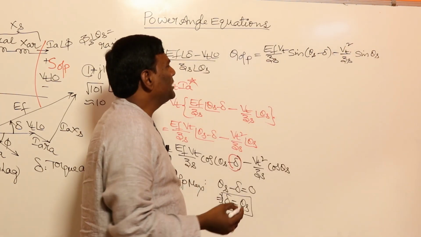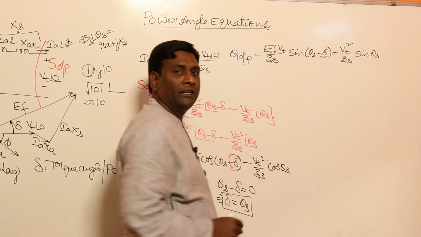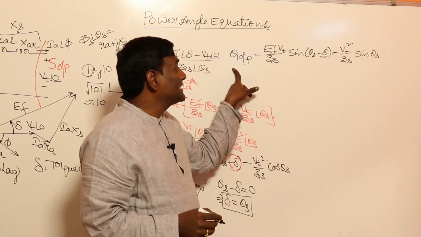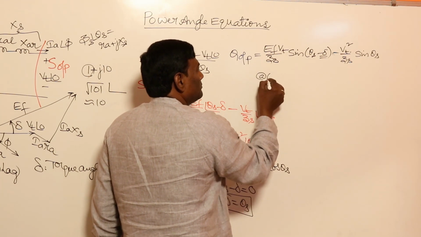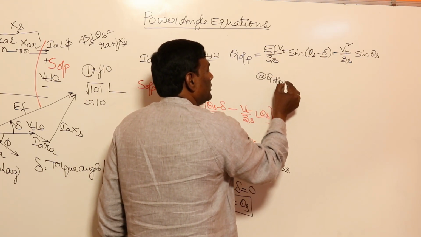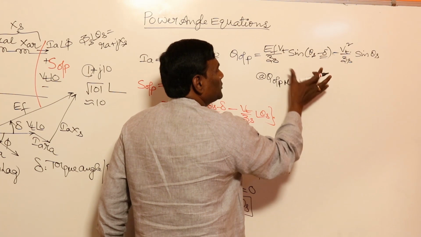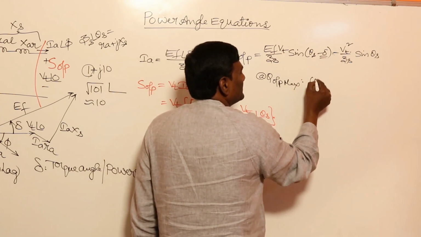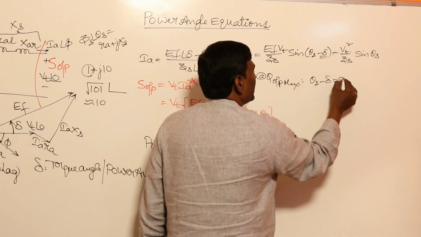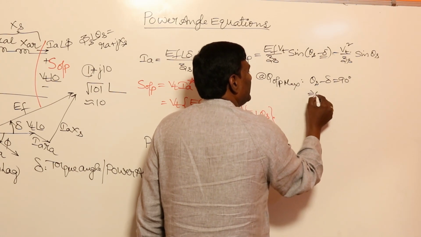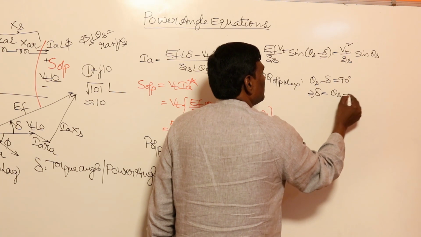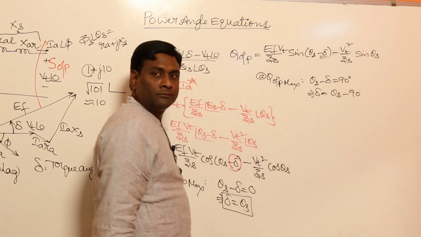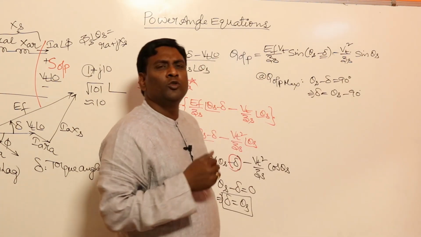Again, what is the variable? Delta is the variable. Now when is Q output going to be maximum? When this is going to be 1. So at Q output maximum, the condition is that this should be 1, or I can say theta s minus delta should be 90 degrees, or delta should be equal to theta s minus 90. So in this condition Q output will be maximum.